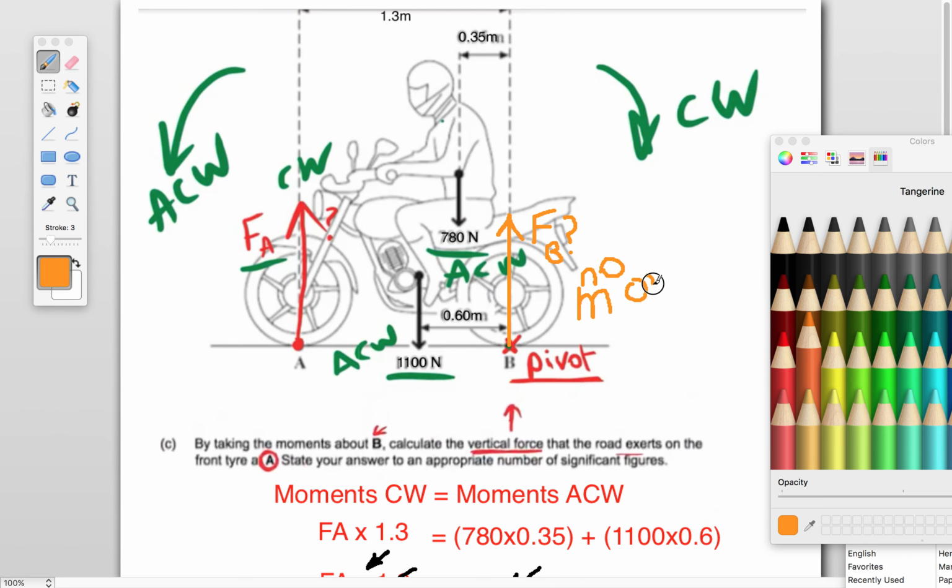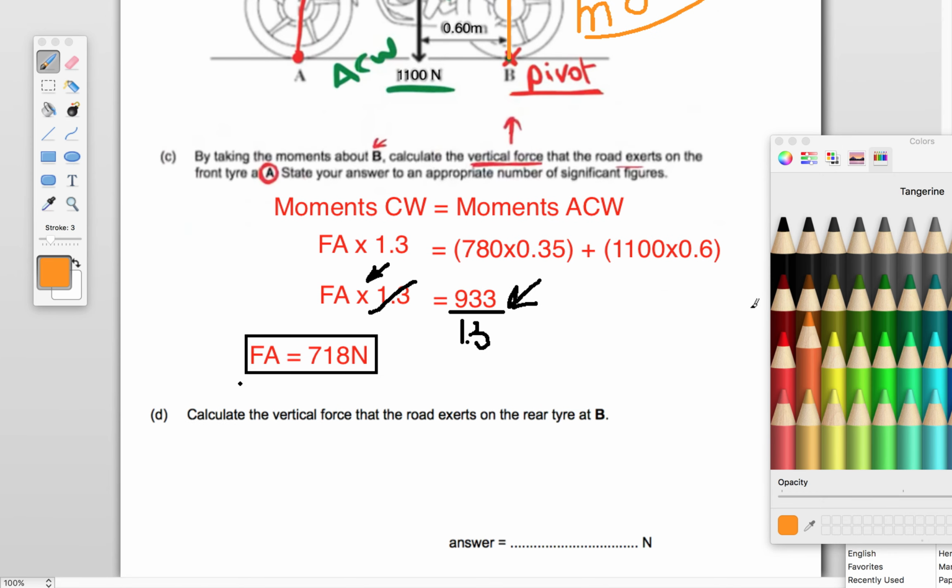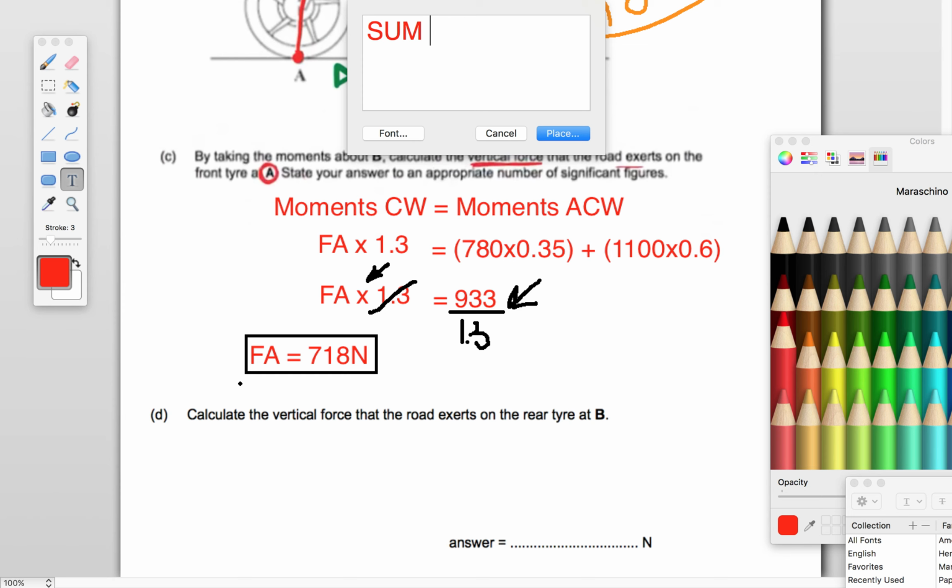This is a very important thing to notice. You should always check whether you have a moment acting or not. So this has no moment. This is why we will use the other condition of equilibrium, which is that the sum of the upward forces will be equal to the sum of downward forces.